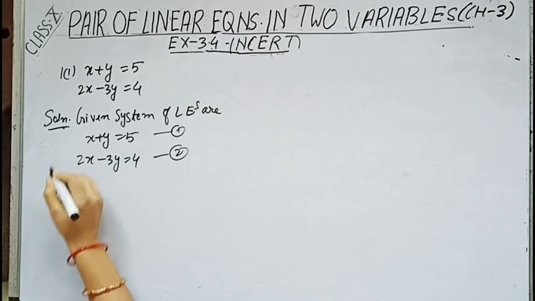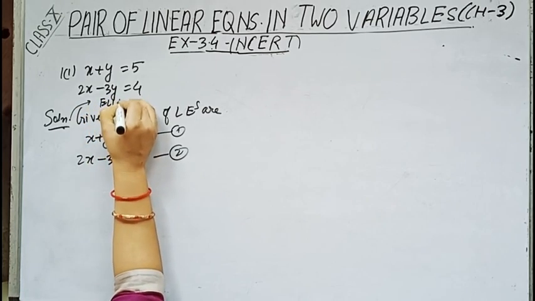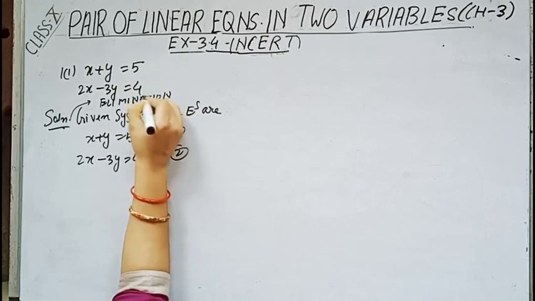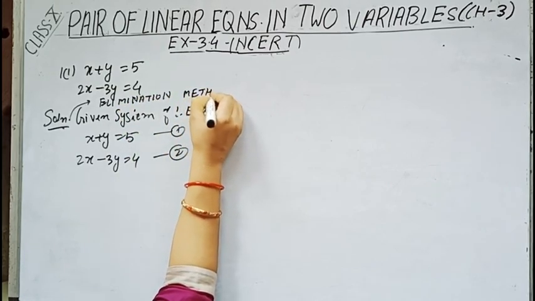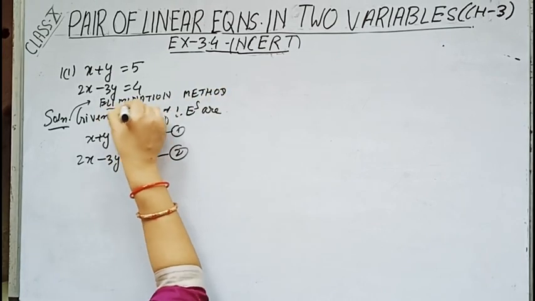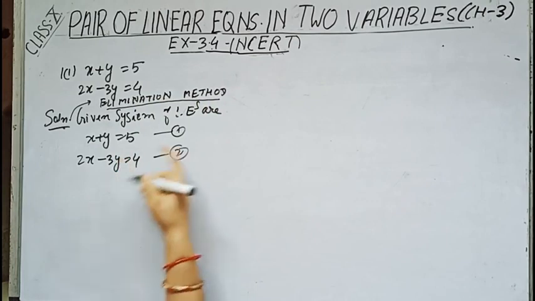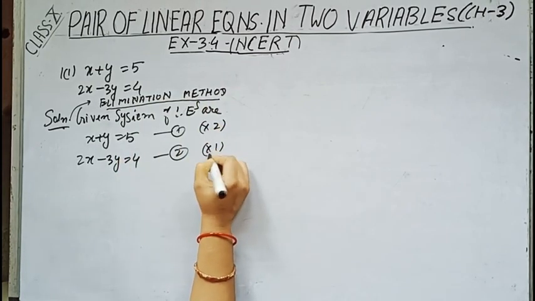So what shall I do? Let us write here elimination method. Now let us multiply equation 1 by 2 and equation 2 by 1.